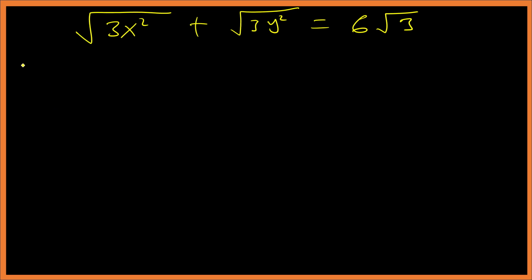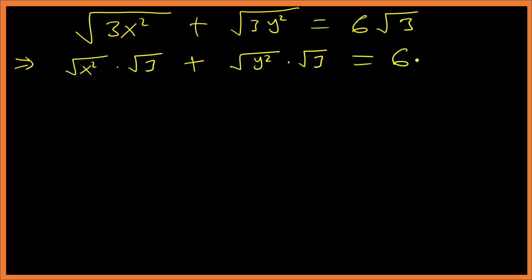Alright, now from here we can write this one as square root of x squared times square root of 3 plus square root of y squared times square root of 3 equals 6 root 3. Now from here the square will cancel the root.